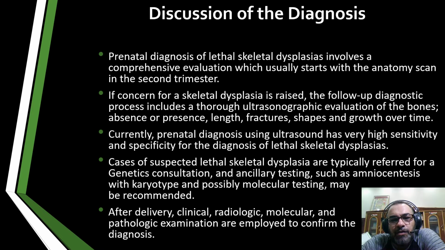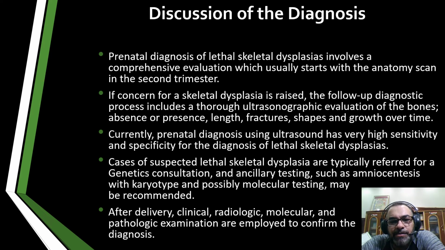Prenatal diagnosis of lethal skeletal dysplasias involves a comprehensive evaluation, which usually starts with the anatomy scan in the second trimester. If concern for a skeletal dysplasia is raised, the follow-up diagnostic process includes a thorough ultrasonographic evaluation of the bones: absence or presence, length, fractures, shape, and growth over time. Currently, prenatal diagnosis using ultrasound has very high sensitivity and specificity for the diagnosis of lethal skeletal dysplasias.